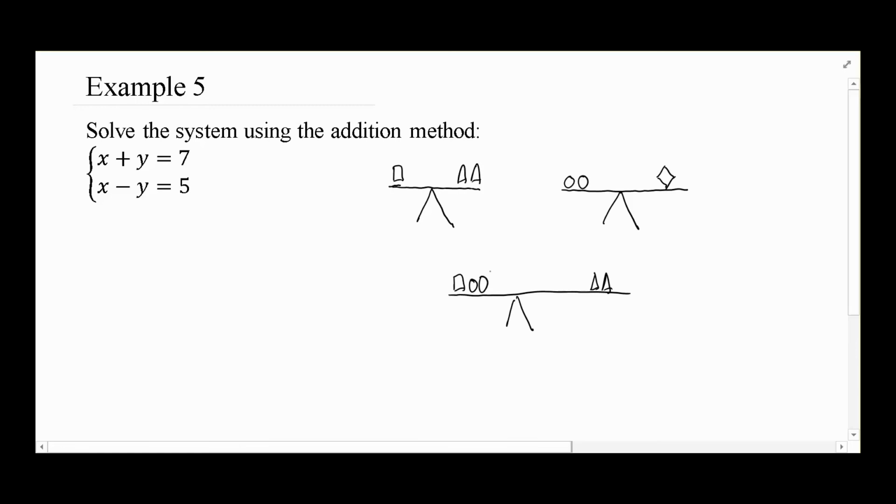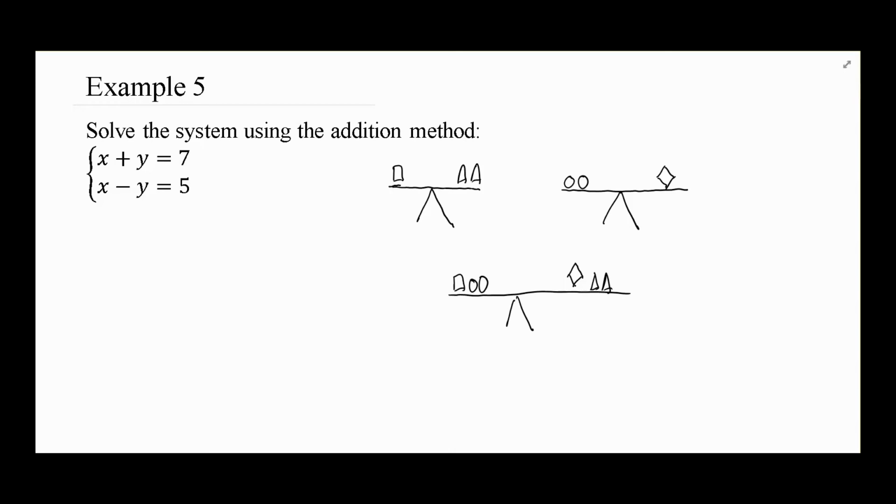And if I put my two circles and my diamond, it should still be balanced. All I did is take everything that's on the left of either one and put it down there at the bottom, and take everything that's on the right of either one and put it together. If both of the original ones were balanced, the bottom one's balanced too.